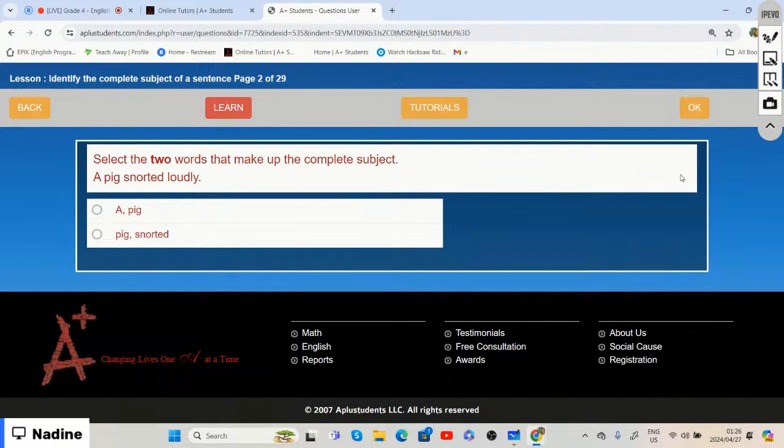Remember, we are selecting the subject. It tells us who or what is doing something. So who or what is doing something? Is it a pig or pig snorted?